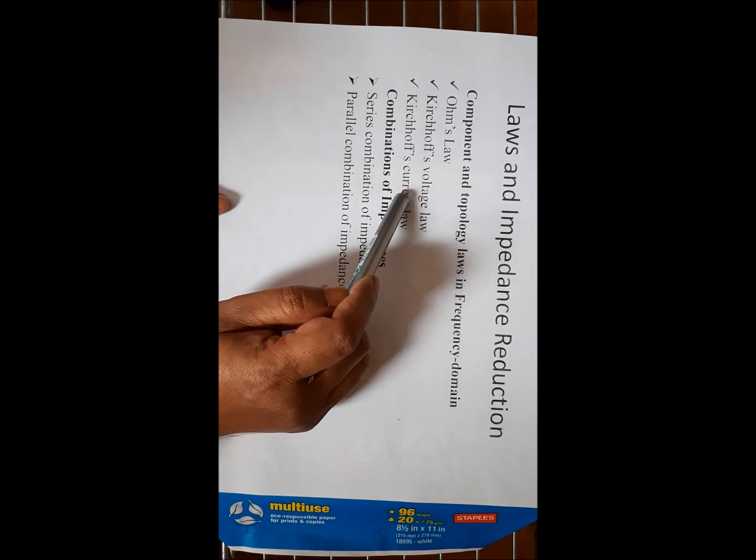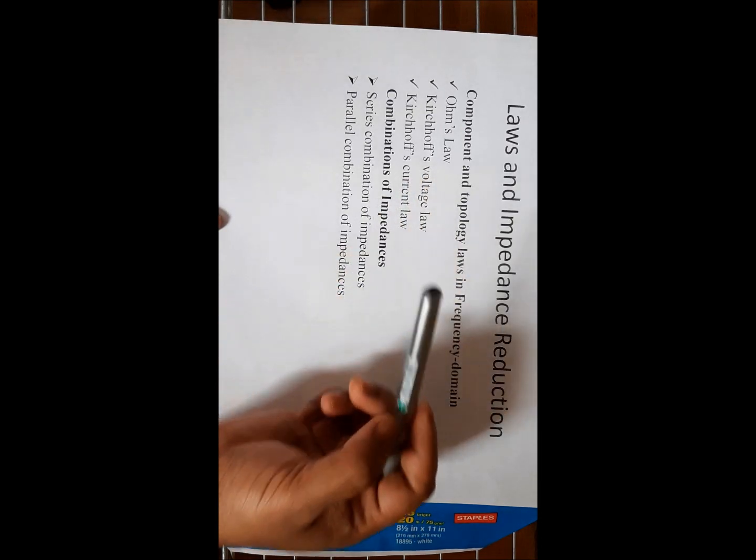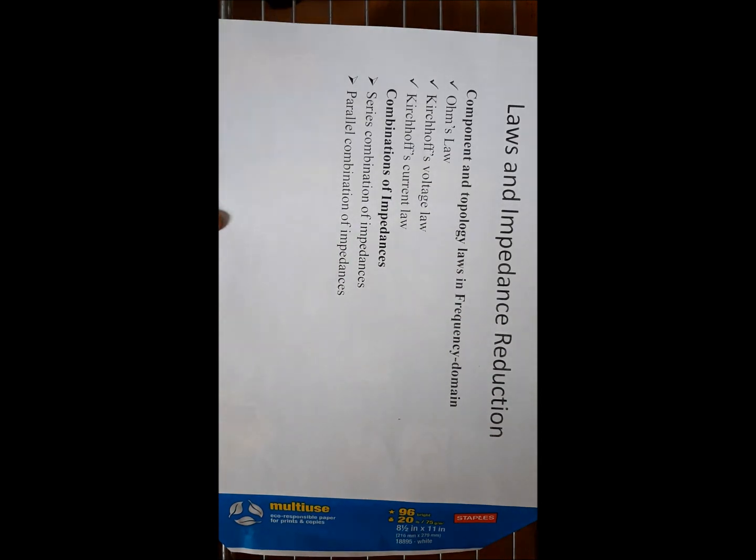Similarly, for Kirchhoff's current law, the idea is the same as we learned for DC circuits. For AC circuits, the idea is the same, but here we use it in the frequency domain.